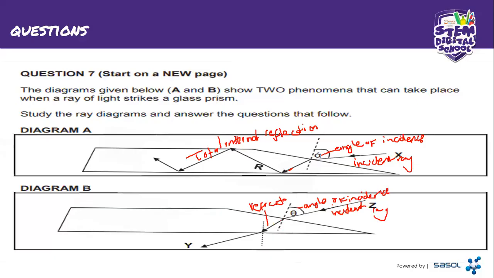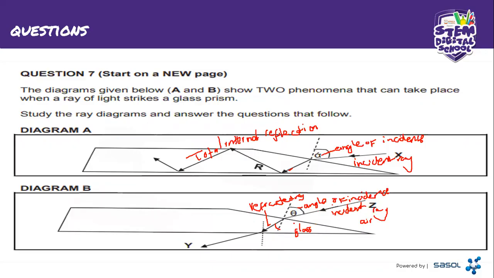Why? Because the light bent. The light was bending when it was entering the second medium. So that is the refracted ray. And the angle there will be the angle of refraction. And I can see the refracted ray is bending towards the normal because I'm moving from, chances are this is air and this is glass. So if I move from air to glass, I'm moving from a medium of low optical density to glass, which has a high optical density.